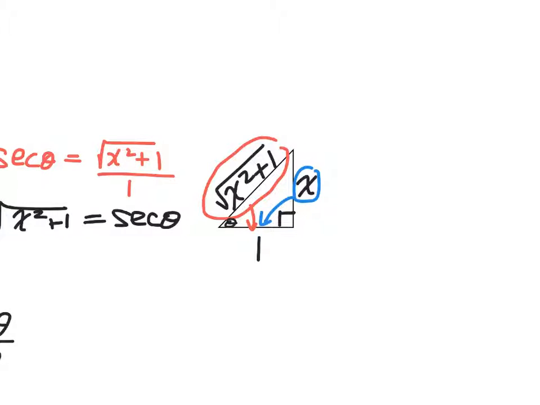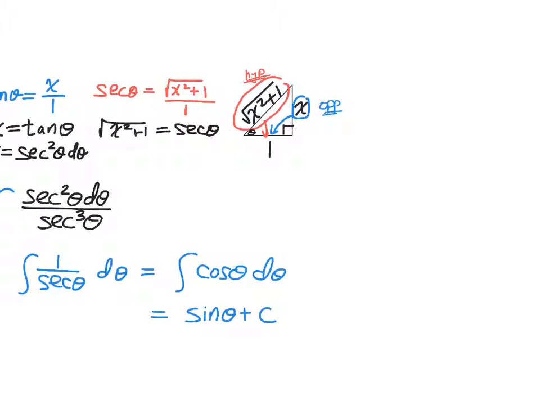When you have that little tiny theta, that means that the side opposite that theta is the opposite side. Then you have your hypotenuse, which is the side opposite the 90-degree angle. If you want the sine of theta, you just need to identify the opposite side and the hypotenuse. So this becomes x over the square root of x squared plus 1 plus c.